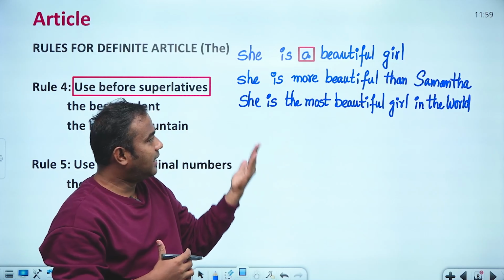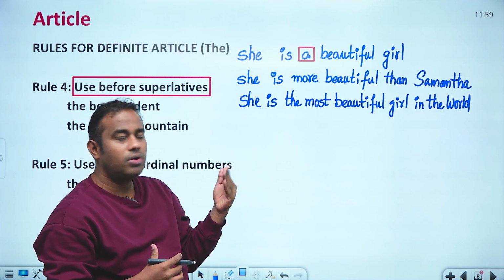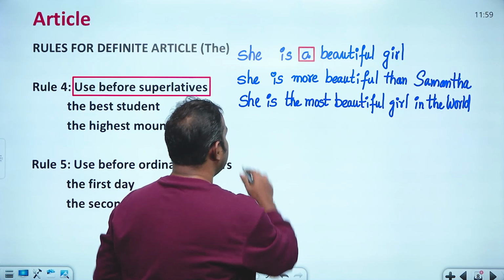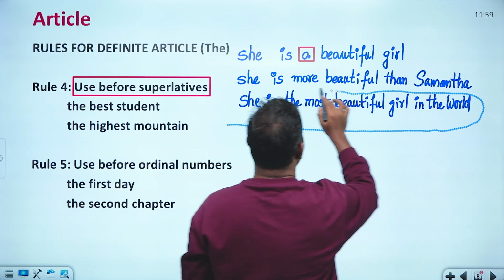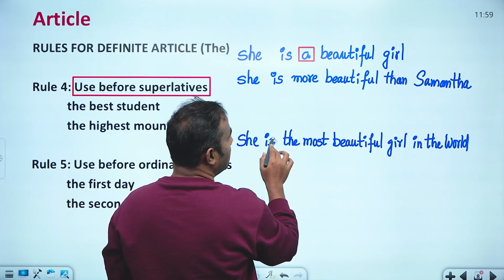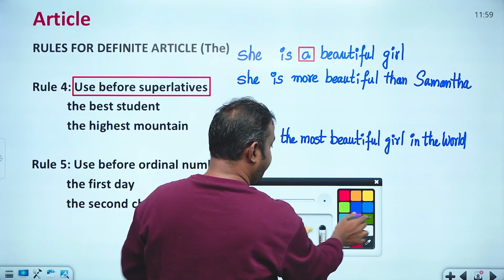Then the second sentence, she is more beautiful than Samantha. In the previous class, we tried to understand the idea about the degrees.